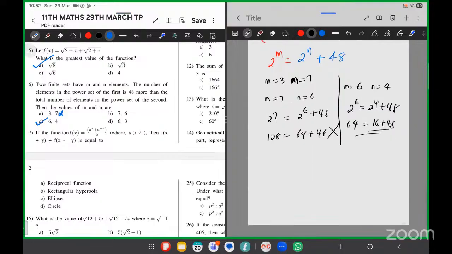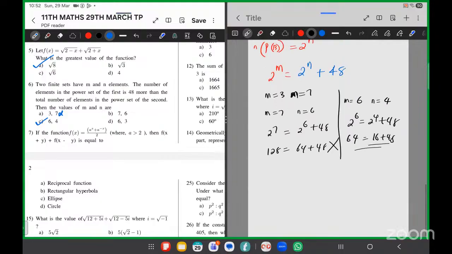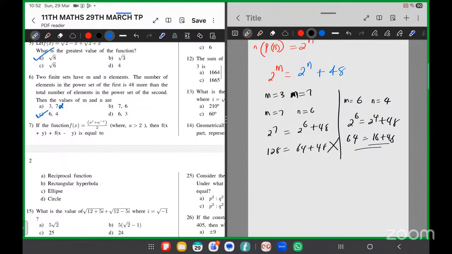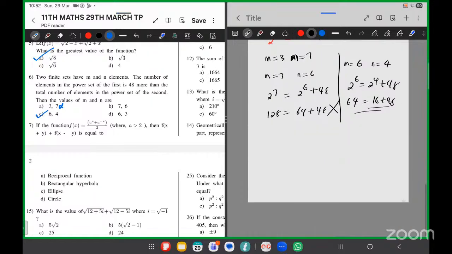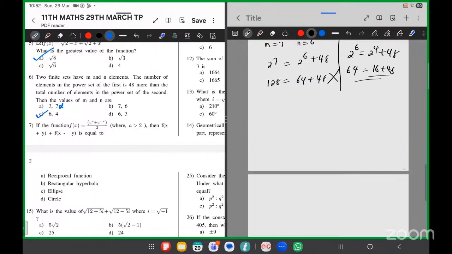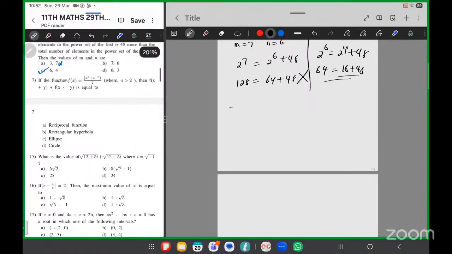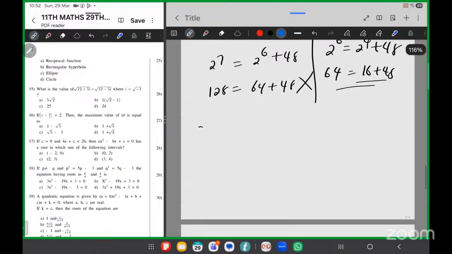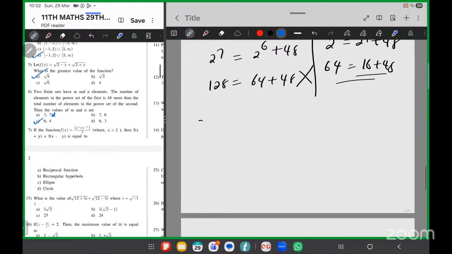Then question number 7. If the function f of x is equal to a raised to x plus a raised to minus x by 2, where a is greater than 2, then find f of x plus y plus f of x minus y.